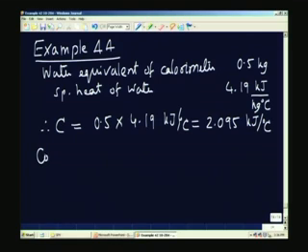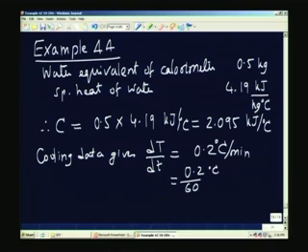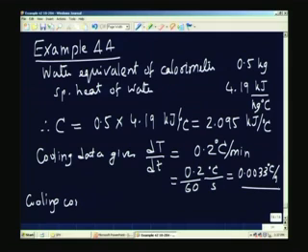The cooling data, already given in the problem, gives dT by dt, the rate at which the temperature is coming down, which is actually negative 0.2 degree Celsius per minute. I will convert it to 0.2 divided by 60 degree Celsius per second, which comes to 0.0033 degree Celsius per second. So the cooling constant I can obtain, as we discussed a little while ago.